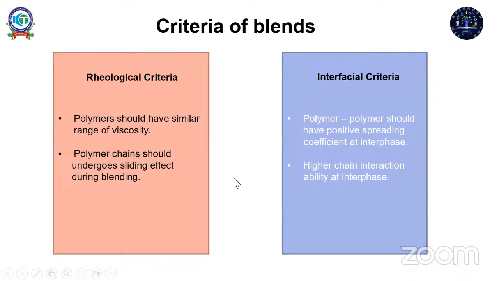Then talking about interfacial criteria, when two different polymers are being mixed, there should be a positive spreading coefficient at the interface. Interface is nothing but the boundary at which two different polymers are interacting. At that boundary, these polymers should have a positive spreading coefficient. Positive spreading coefficient means it should wet, or spread uniformly along the interface.